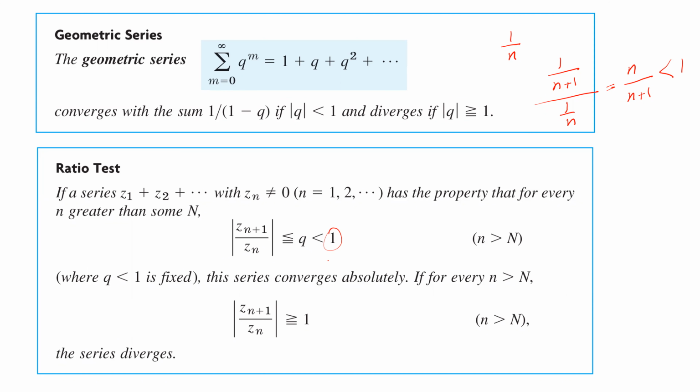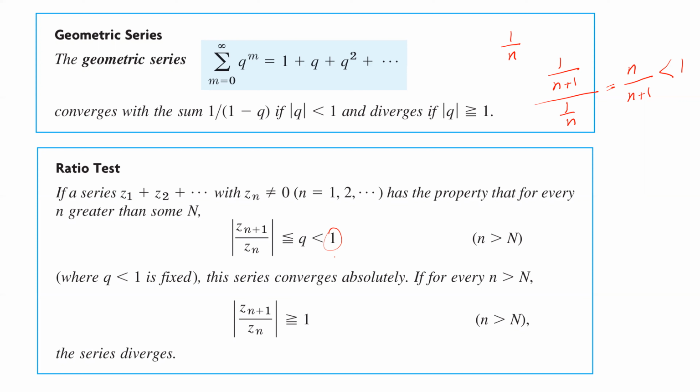So it means that there should be a gap between the limit of this and 1. All right. So this should be less than a number q that is less than 1 and it's fixed. And if that happens, then the series converges absolutely.